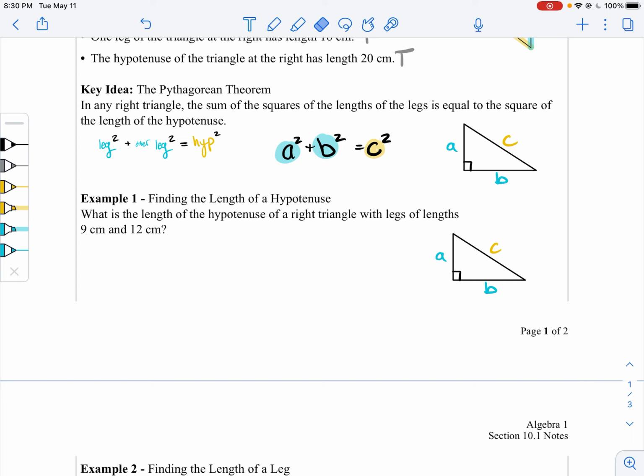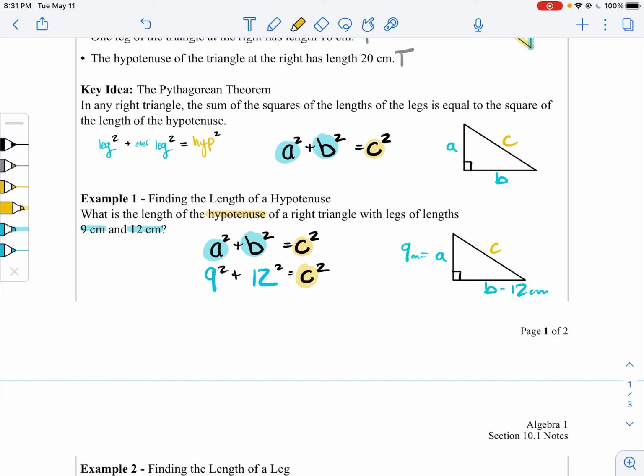Here we go. What is the length of the hypotenuse if the lengths of its legs are 9 centimeters and 12 centimeters? That means A is equal to 9 centimeters, B is equal to 12 centimeters. So plugging that into our A squared plus B squared equals C squared, we get 9 squared plus 12 squared equals C squared.